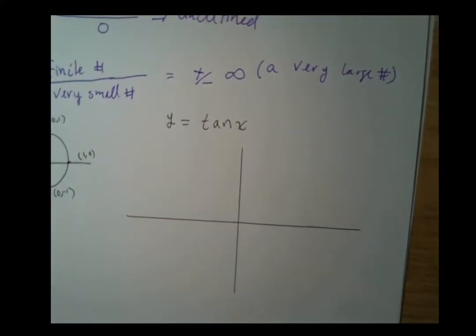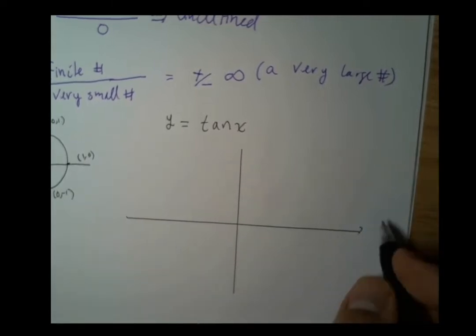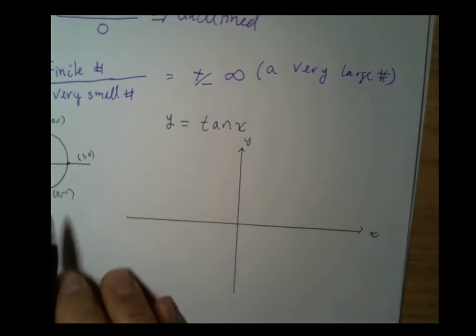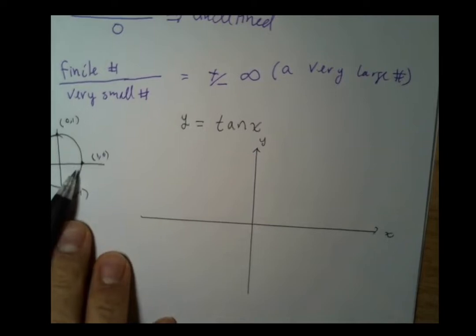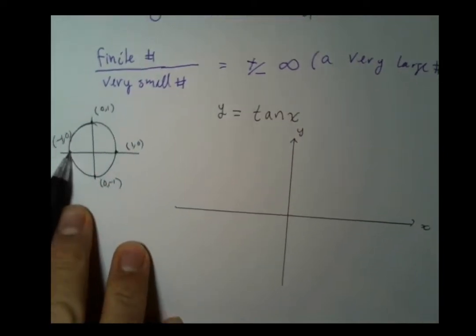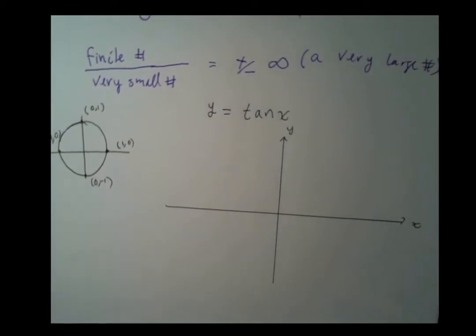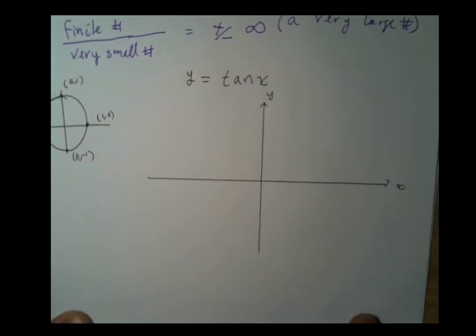Okay. All right, so we'll start here. Again, this is in radians, so this is the x-axis, y-axis. Right in here, my unit circle. All right, so the period is pi, so by the time I make my way down to a half turn, pi radians, then I should have a complete picture of the graph. Remember, the graph is periodic, so everything else is just going to repeat itself.